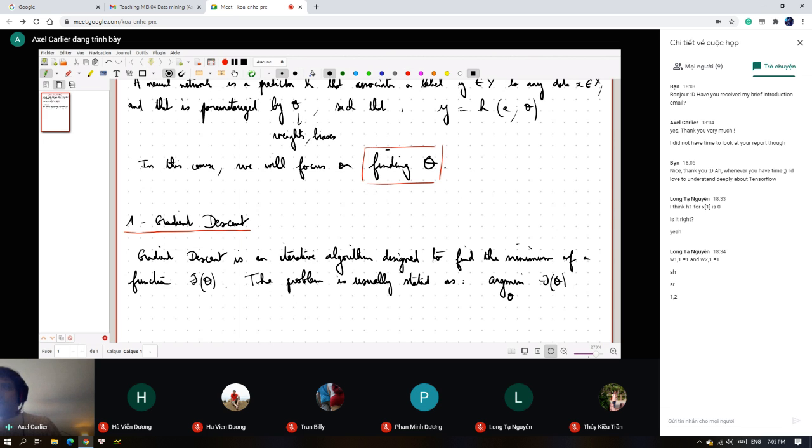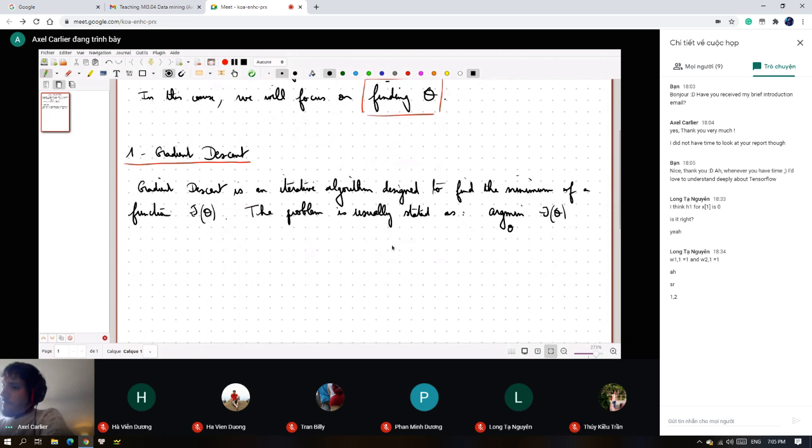First, before going further, I would like to do a small reminder on what is the derivative of a function.